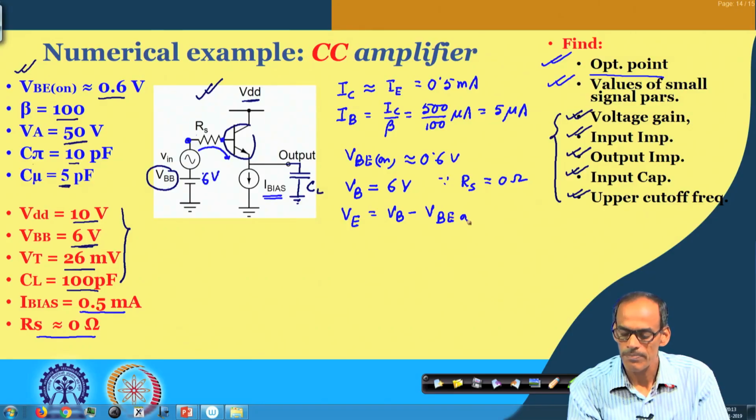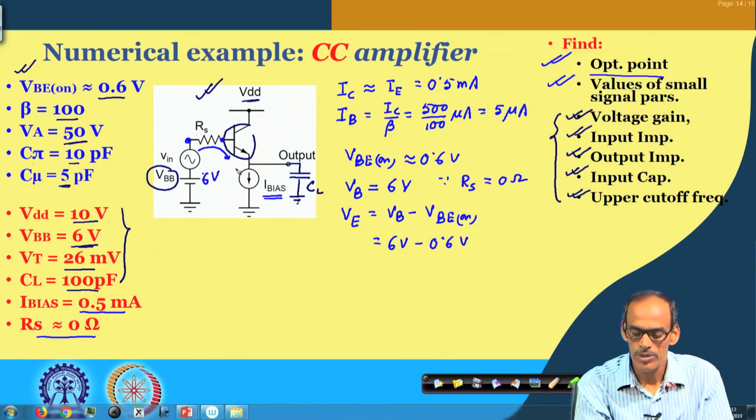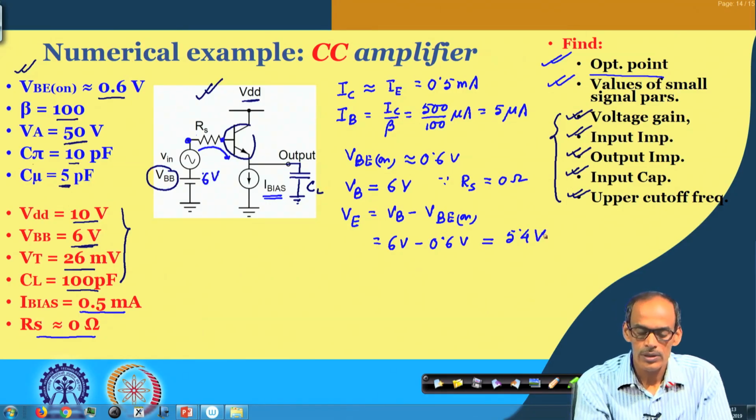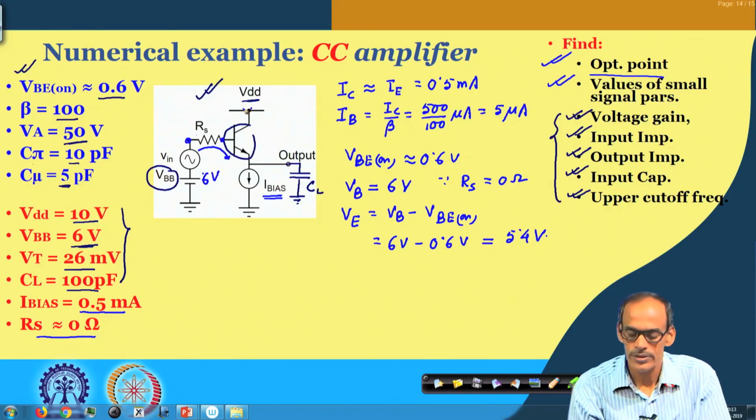That is 6 volt minus 0.6, so the emitter voltage is 5.4 volt. On the other hand, the collector voltage is anyway 10 volt, VDD.